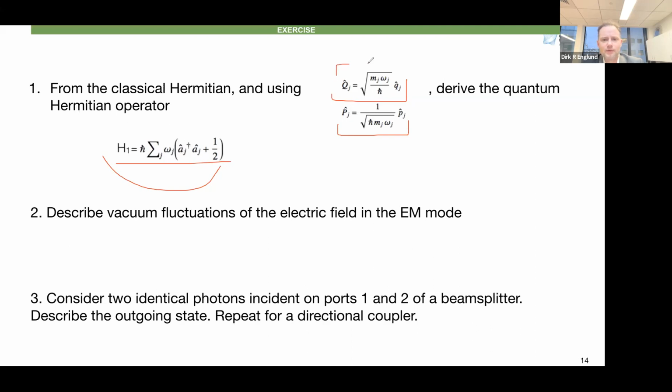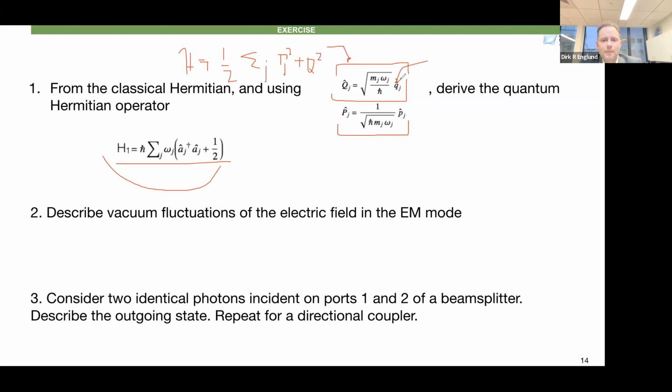So what we do is we remember that the Hamiltonian was equal to 1/2 times the sum over j of p sub j squared plus q sub j squared. And then we can substitute in these operators here.